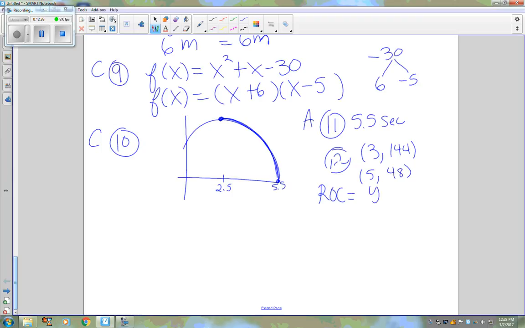So it's the difference in the y values over the difference in the x values. So y sub 2 is 48 minus 144 over x sub 2 is 5 minus 3. And that's going to give you negative 48, and I think it's feet per second. Yeah, negative 48 feet per second. And that is B.